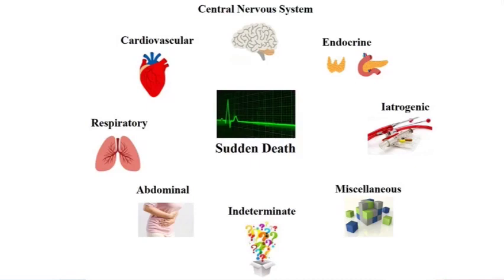Of course, when it comes to sudden natural deaths, we have to understand that cardiovascular causes are number one. They outnumber the other types that you see here, like central nervous system disorders, respiratory conditions, abdominal, that is gastrointestinal conditions, endocrine diseases. So these are all much lower in their prevalence compared to cardiovascular deaths.